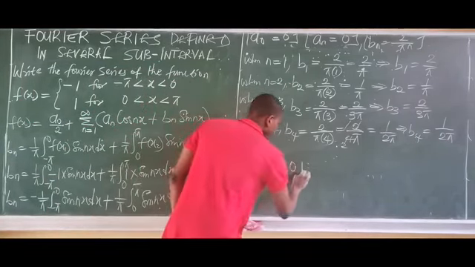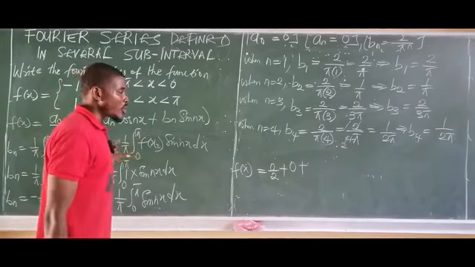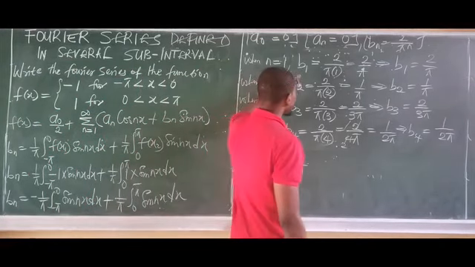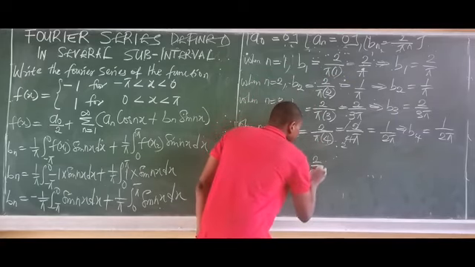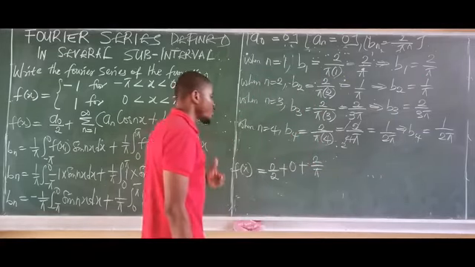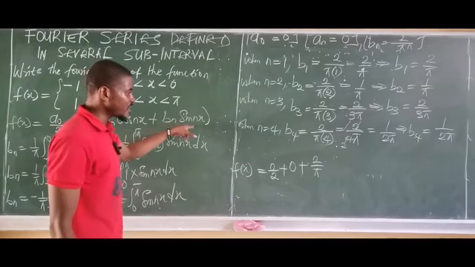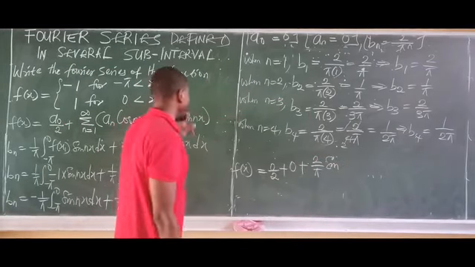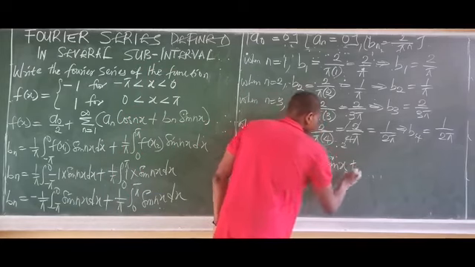Plus you have Bn sine nx. So we're writing the sine series. So we start from B1. For B1 we had 2 all over pi, when n is equal to 1. Remember, it is Bn sine nx. So this is B1 sine, in place of n now is 1, and 1 times x remains x.